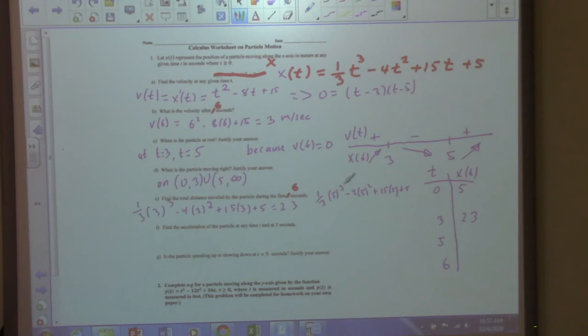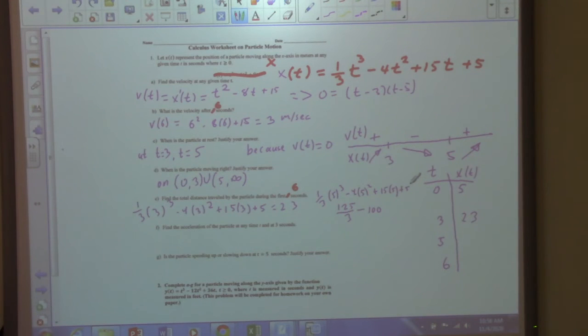So that's going to be 5 cubed. Is that going to be 125? Is that right? Yes. So we're going to get 125 over 3. And then we have minus 4 times 5 squared. That's going to be minus 100. Is that right?